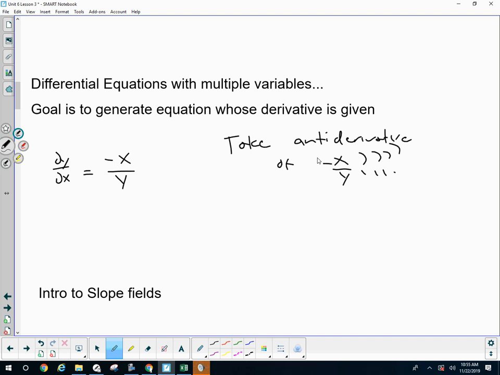No, it's not arctangent. It's not e to the x, it's not log x, okay? So I don't know. Honestly, I don't know how to take the antiderivative of negative x over y. So what we're going to do is investigate this alternate approach to being able to visually see our solution.